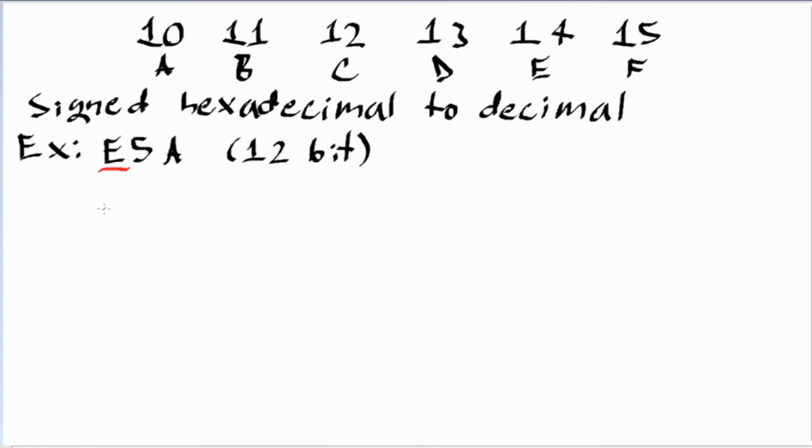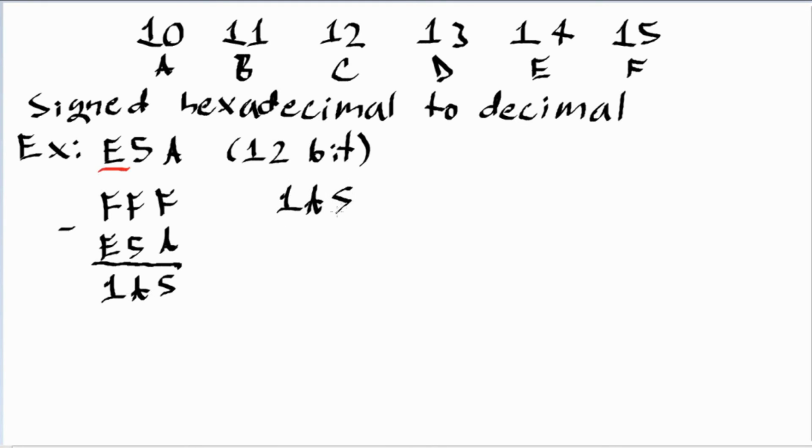We take F, subtract E5A from that, and that gives us 1A5. And now we have to add 1 to that. So we have 1A5 plus 001. That gives us 1A6.